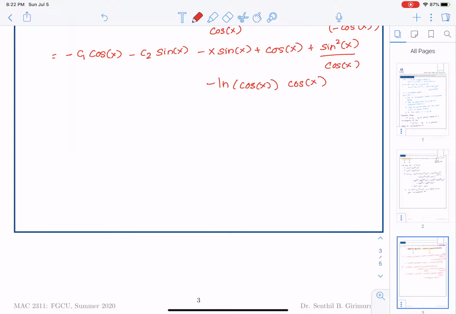Now consider the left hand side, y double prime plus y.